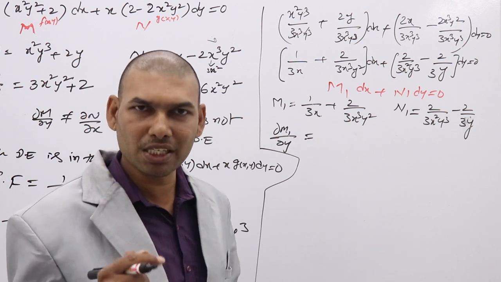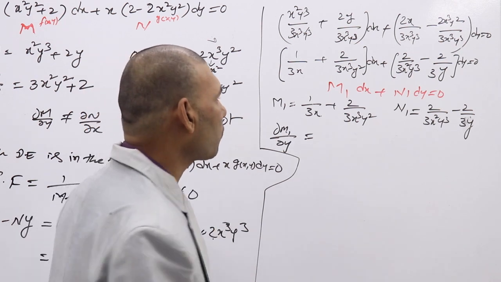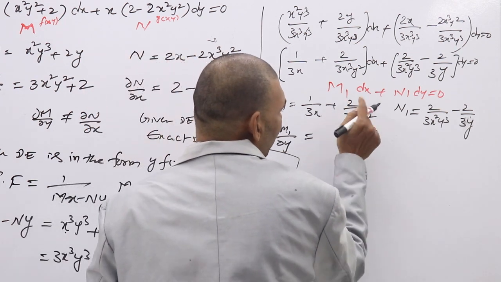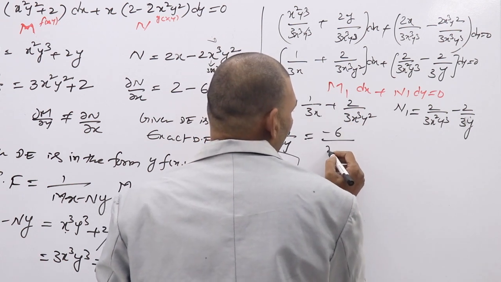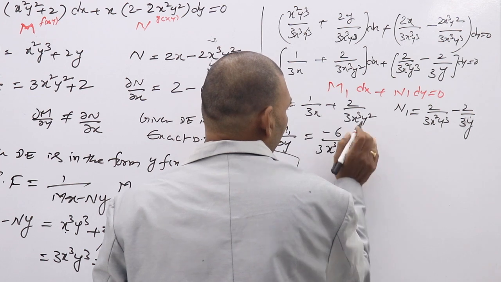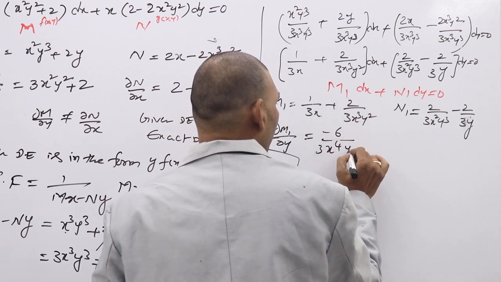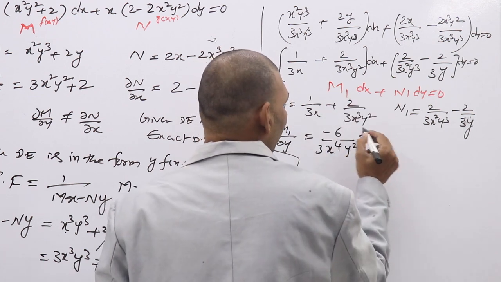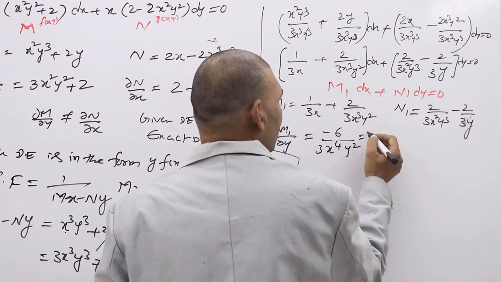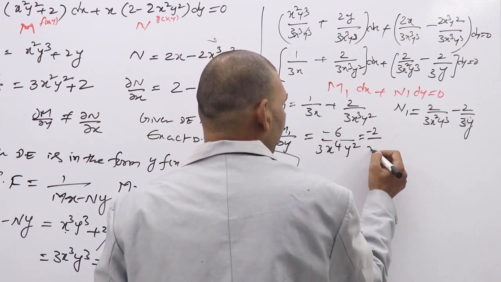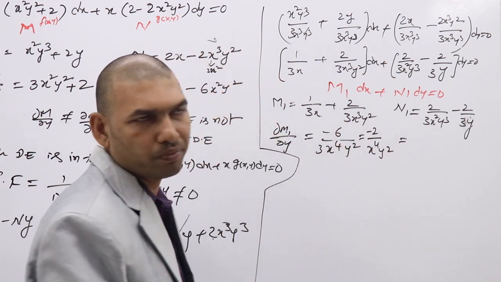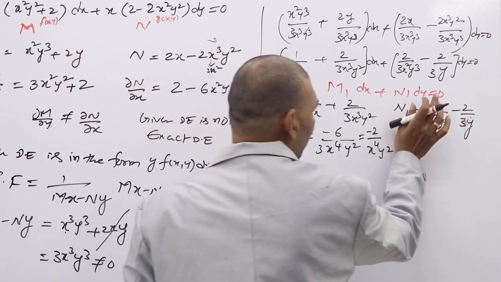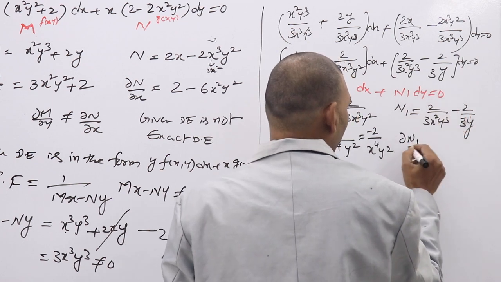You will get in the numerator minus 3, minus 3 times 2 is 6, over 3x power 4 y square, which can be written as minus 2 by x power 4 y square. So coming to here, del N1 by del x.